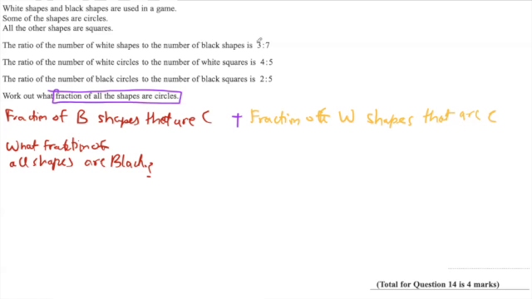Well, the ratio is 3:7 for white to black, and the number that represents black is 7. So if there's 3 plus 7, 10 shapes in total, 7 are black. So what fraction of all shapes are black?